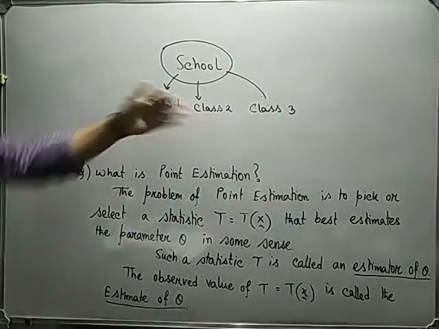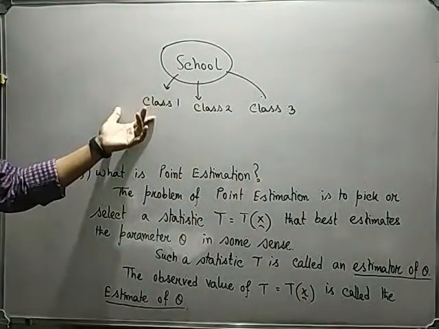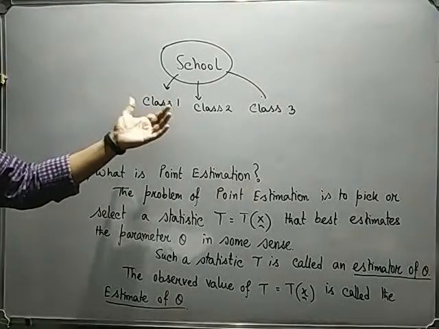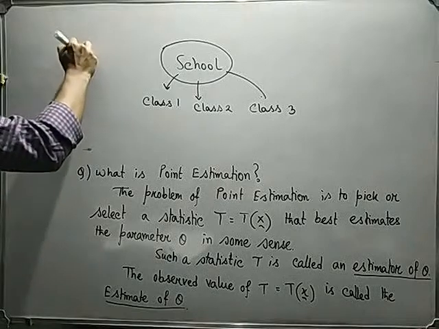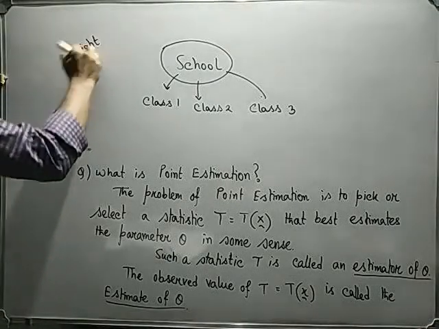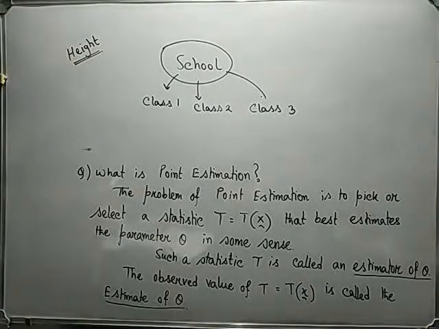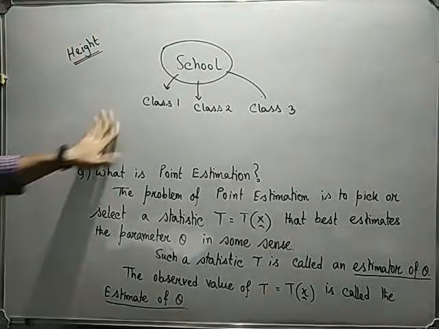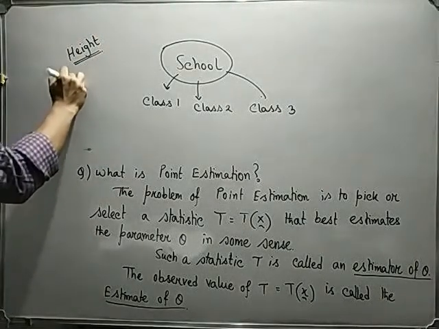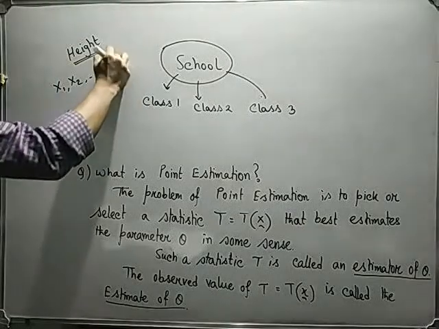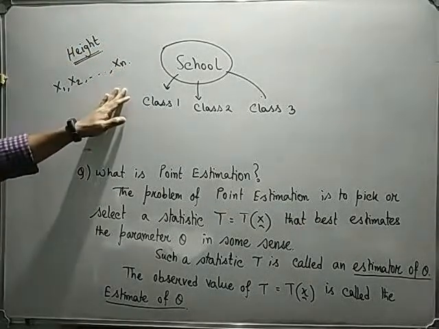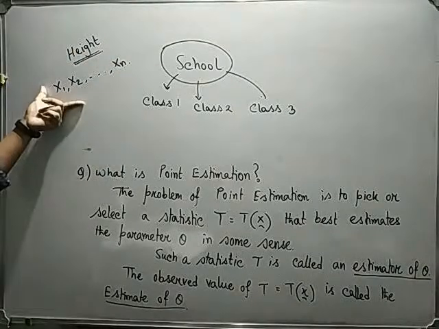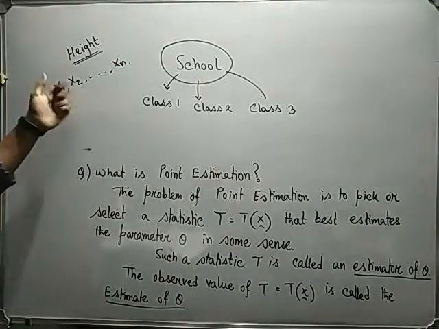We want to survey the height of each and every class. The main variable is basically height. So we have taken a random sample, capital X1, X2, Xn, which is basically the height of n individuals. Random samples means these can take any values.